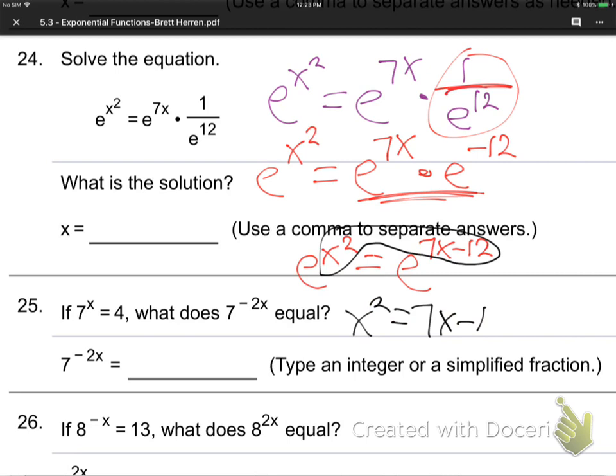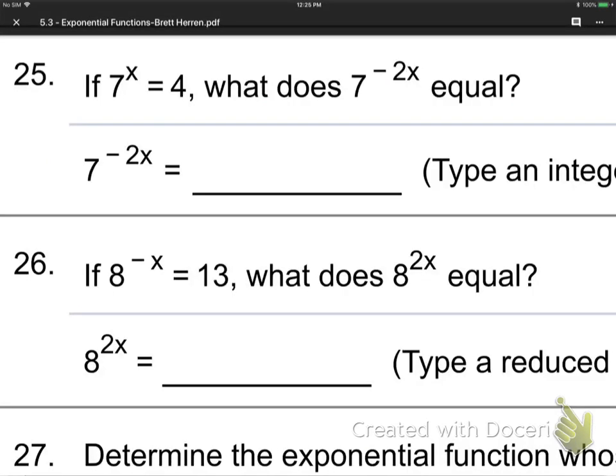X squared equals 7x minus 12, get a 0, factor. Is that good? Is that okay? Getting the hang of all those power rules? All is well? All right, I'm going to move on.